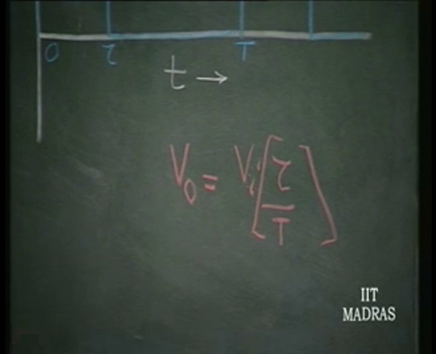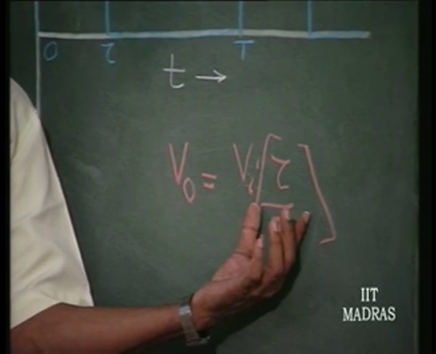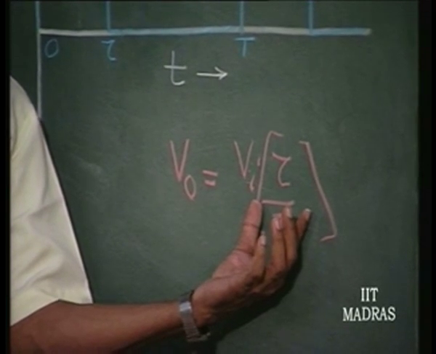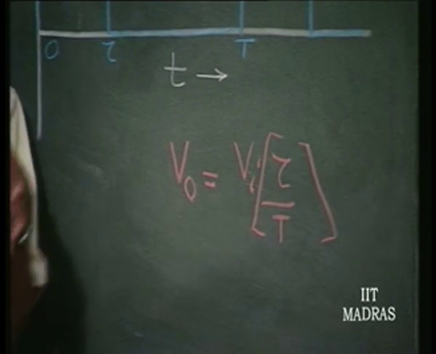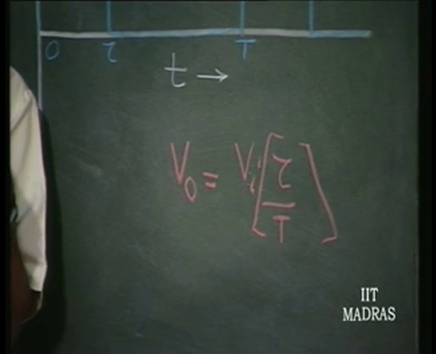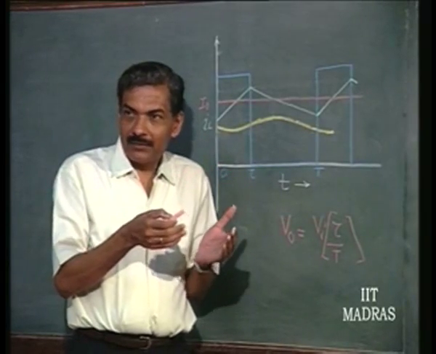This kind of thing is done by using this information of control. That is, I am sampling V naught and comparing it with V reference, just as I do in the normal voltage regulator. How do I sample V naught?